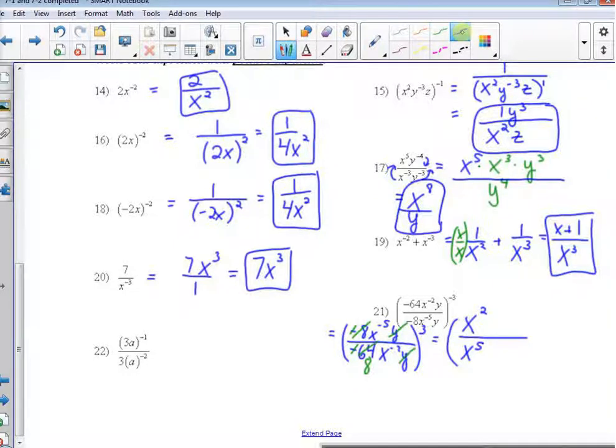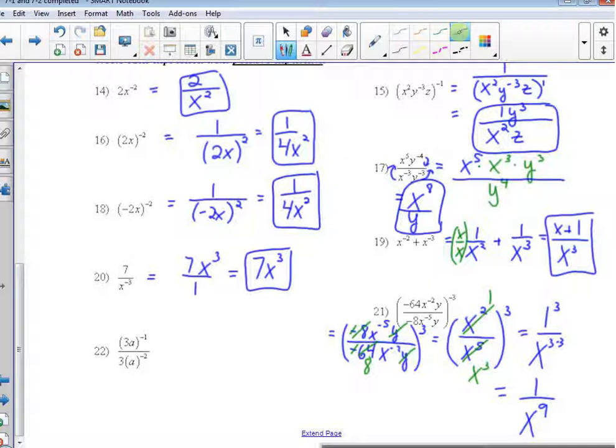And remember, this is all to the third power. And then I can do some more simplifying. x squared and x to the fifth cancel to x to the third and 1. So I really just have 1 to the third over x to the 3 times 3, which is just 1 over x to the ninth. I forgot my 8.